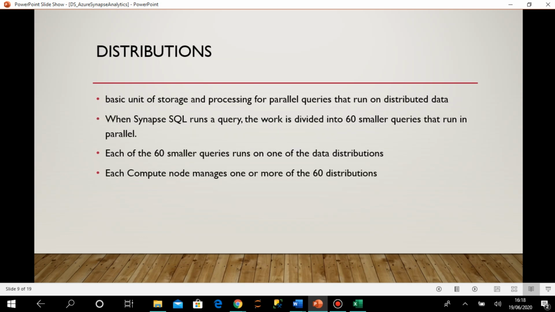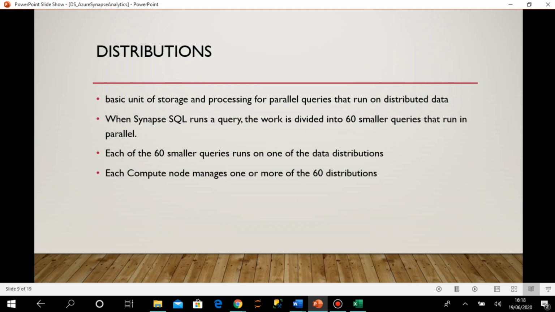Okay, so now I'm coming to distributions. This is the basic unit of storage and processing for parallel queries that run on distributed data. So it's the basic unit of storage and processing, meaning as we are always talking about parallel processing, suppose you have a work, and you have 10 friends, and you are sharing the work.